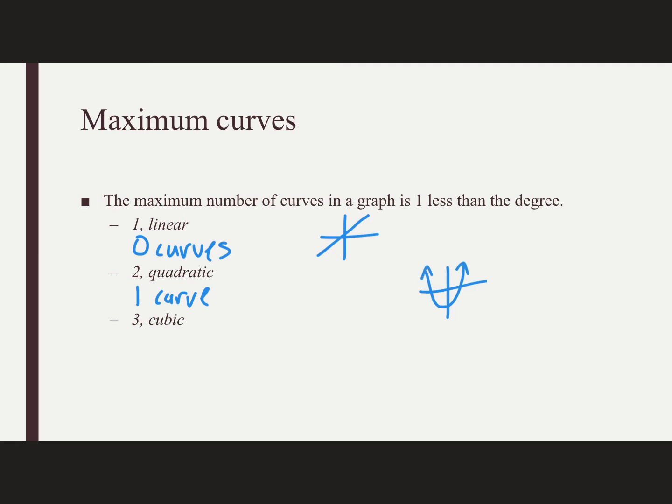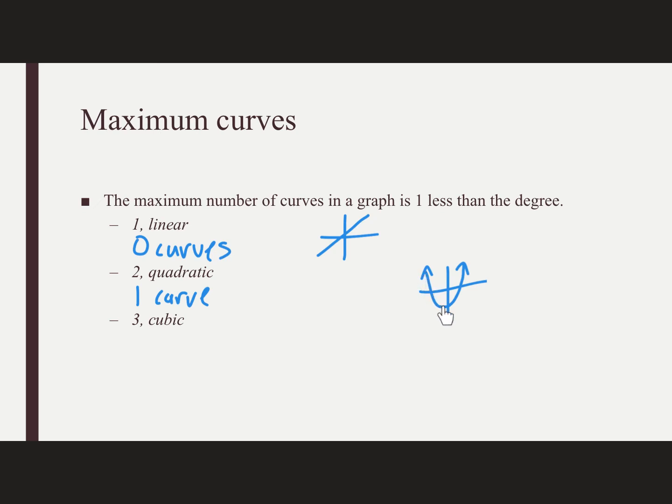Now it's important to point out that what we consider a curve in a polynomial isn't necessarily just a point where the line makes an arc. It's where the graph changes direction. If I read this quadratic from left to right, it's descending here.